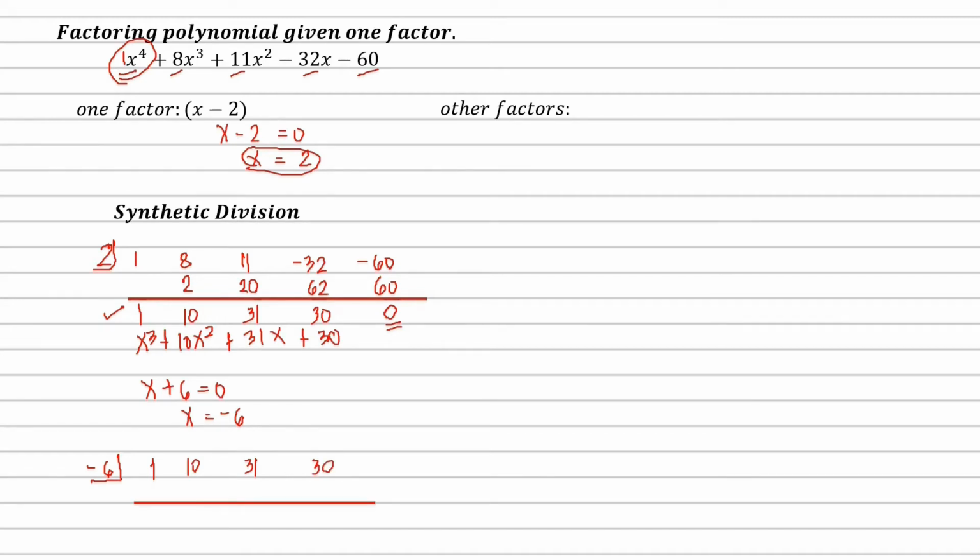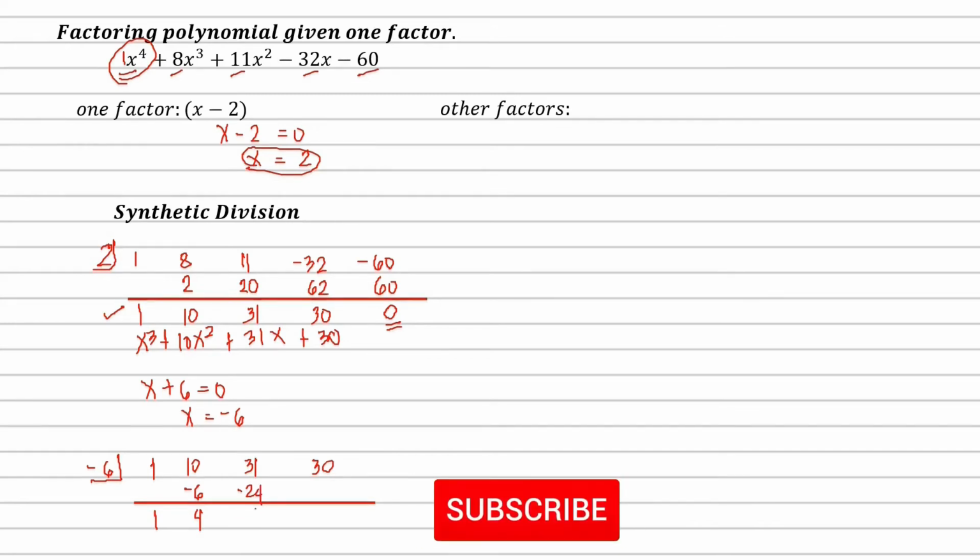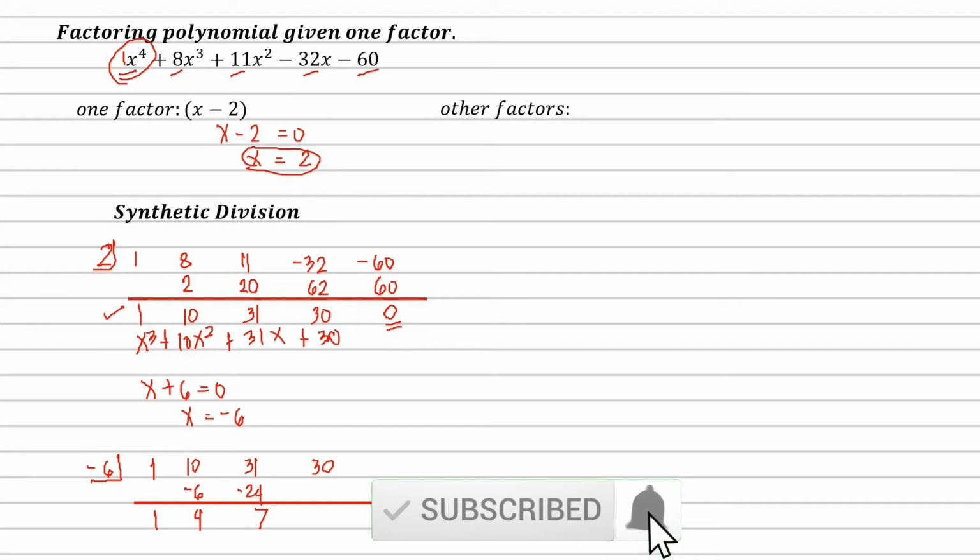Then bring down the first number, which is 1. Then 1 times negative 6 is negative 6. Then add 10 and negative 6 is 4. Then 4 times negative 6 is negative 24. Then add 31 and negative 24, that is equal to 7. Then 7 times negative 6 is negative 42.